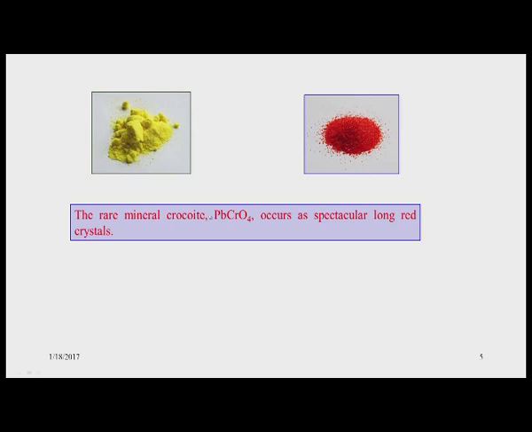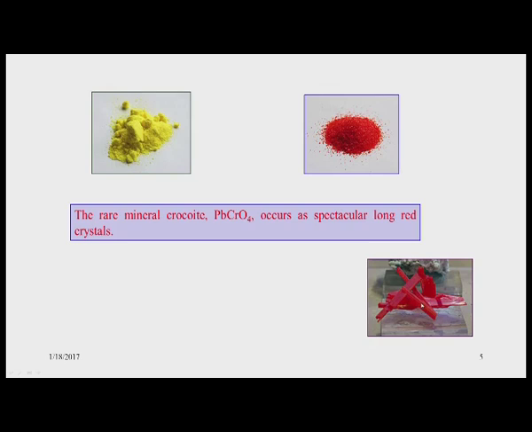But this particular lead chromate which occurs naturally has spectacular red long crystals. You see this color is completely different compared to our lead chromate that we can make in the laboratory. Why is this so? Because these are typical crystals from the earth, forming in hydrothermal veins, and the crystal type is basically changing its color.